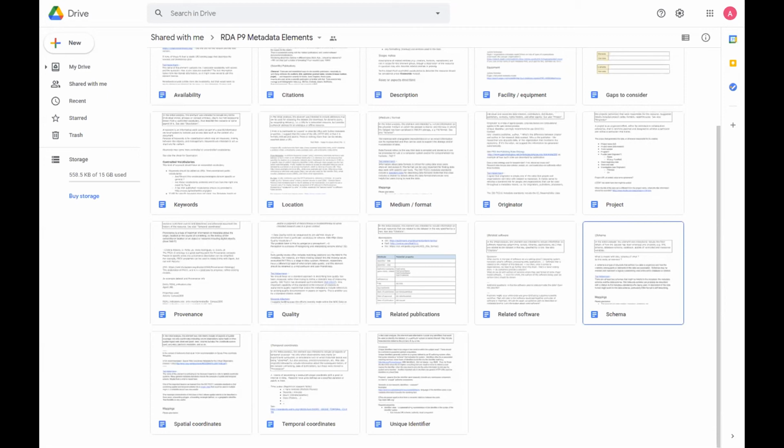Yes, but it's an area. We specifically added related publications and related software because these were things specifically asked for by the community, because they were things that were commonly required. And there's always a problem getting the right level. If you go too abstract, you can be completely general, and that's great, but then people don't understand what they're expected to put in each of the elements.